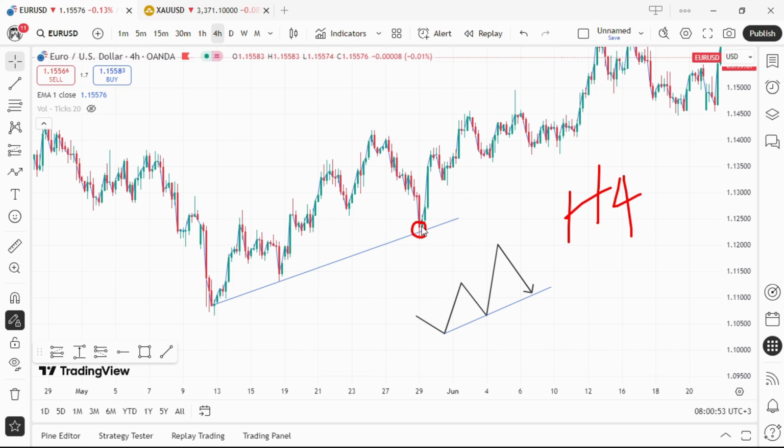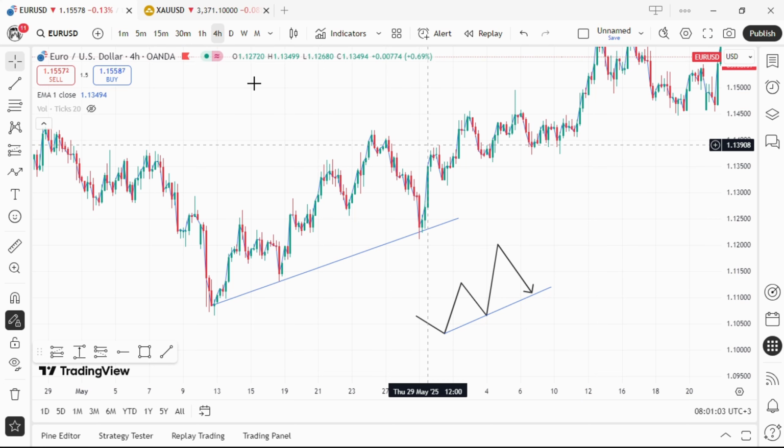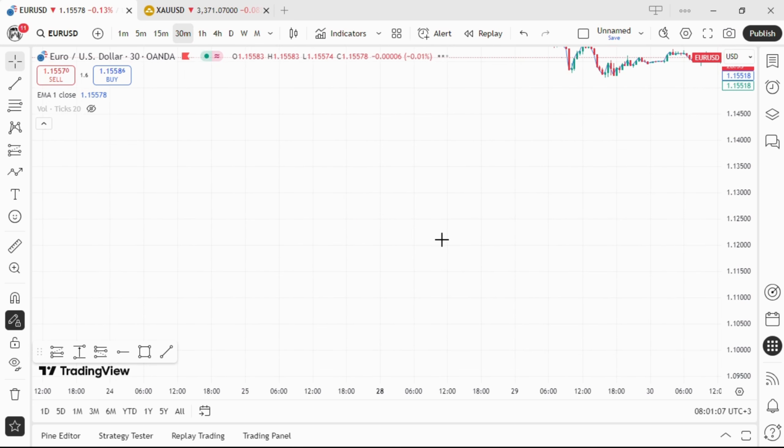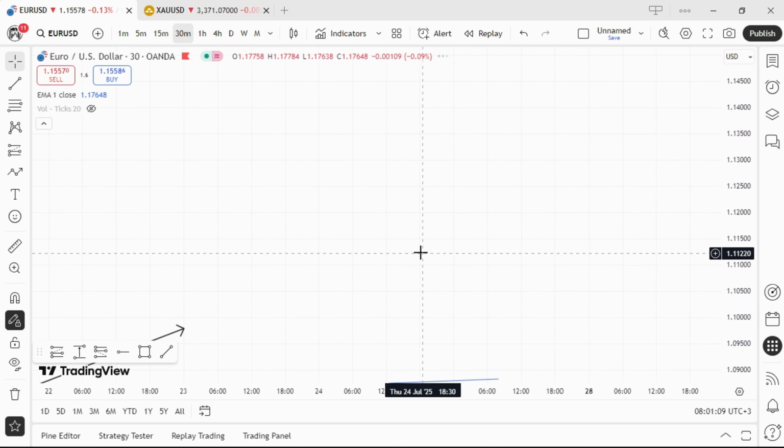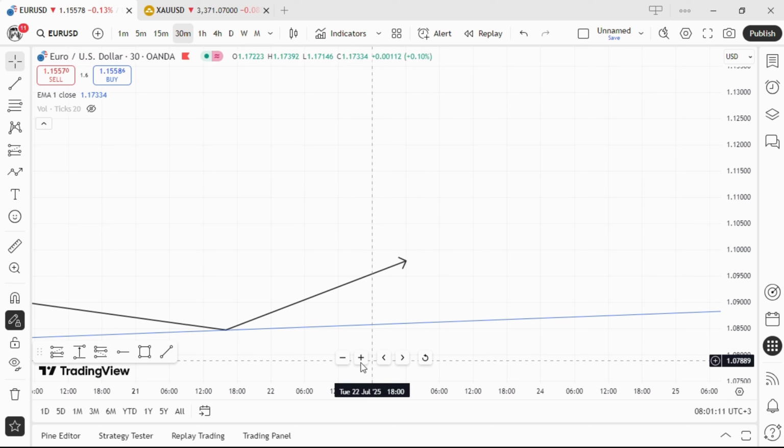Now when the markets reach the trend line, you don't just pump in your trades. You don't. You need a breakout on M30.